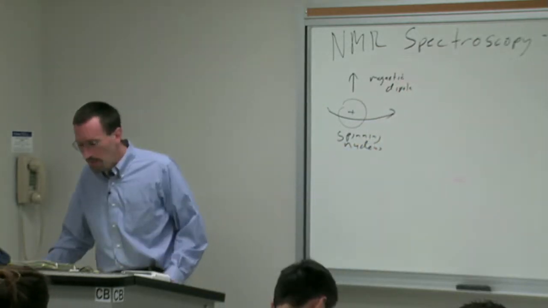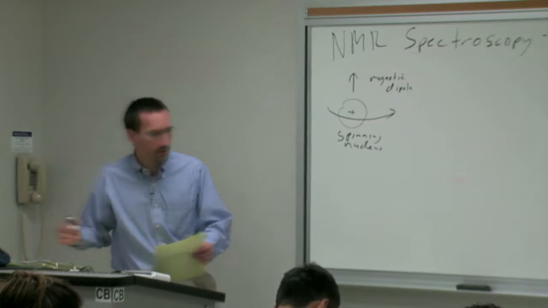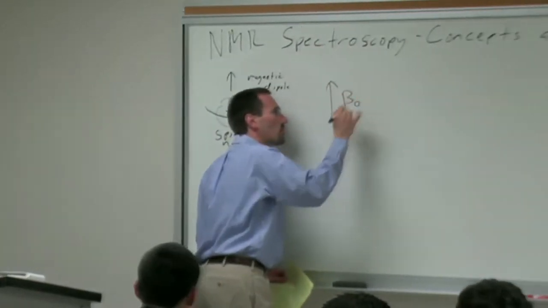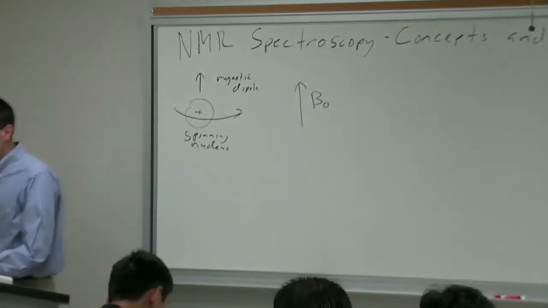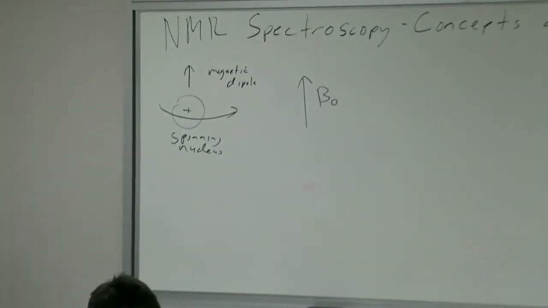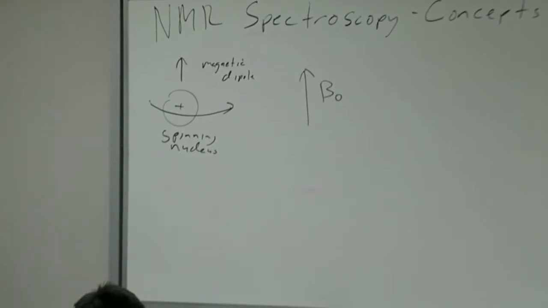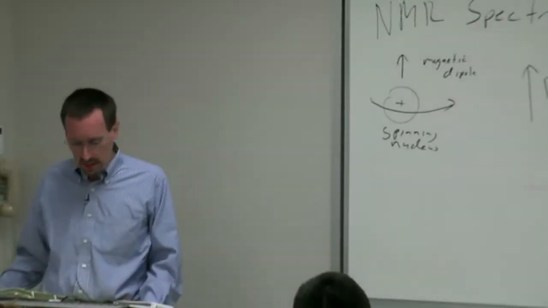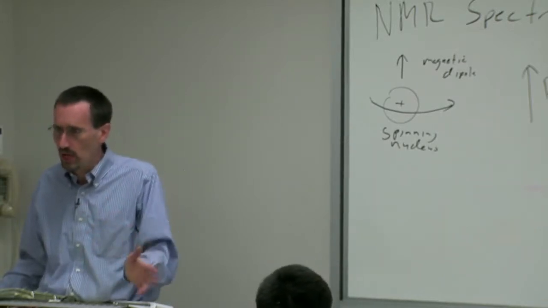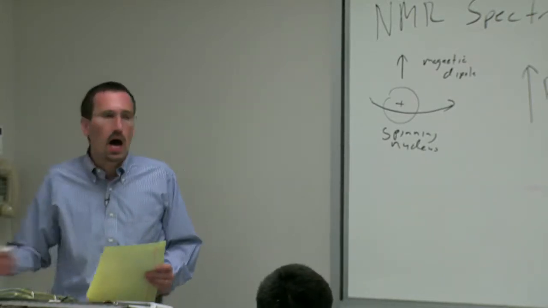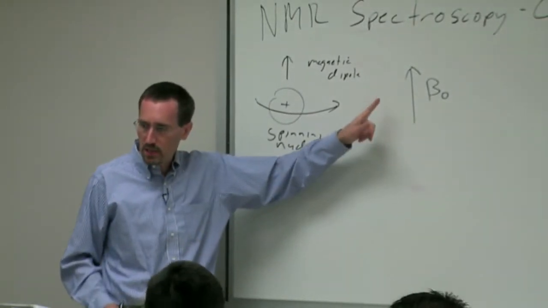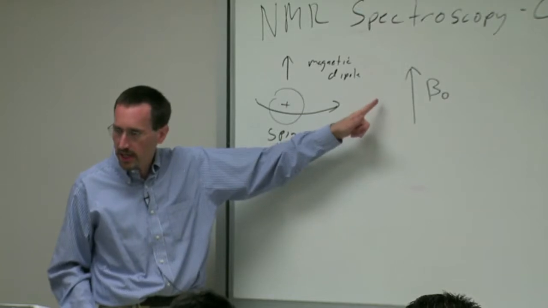And if you apply a magnetic field, we'll call that magnetic field B0, then you have two different spin states or more, and we'll see examples of this in the case of nuclear quadrupoles, but let's start with the case of a proton or a C13. You have two spin states that can exist, quantized spin states.